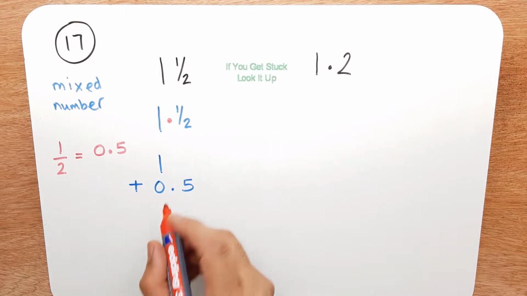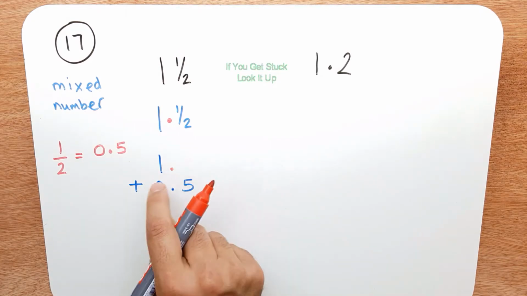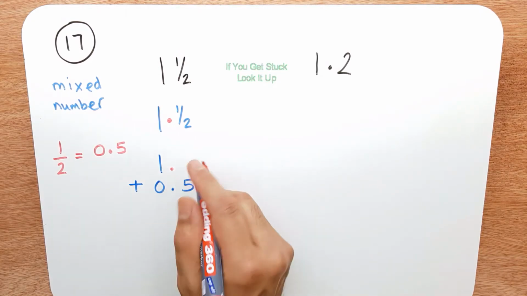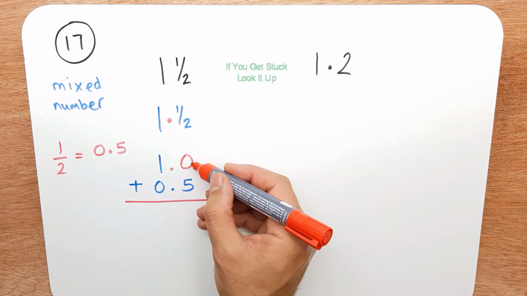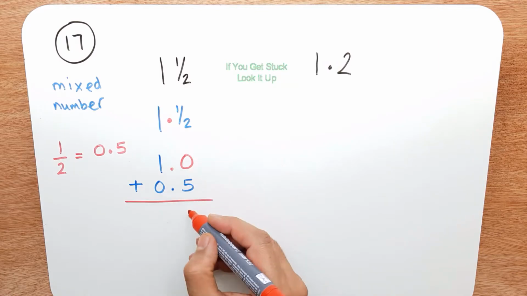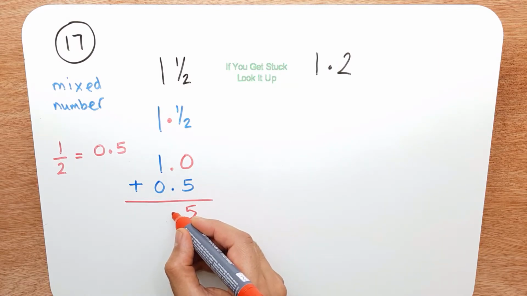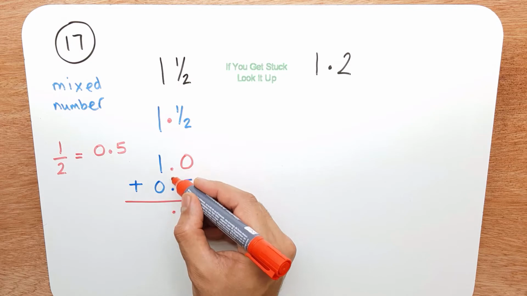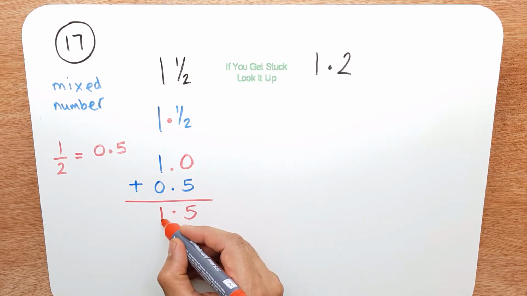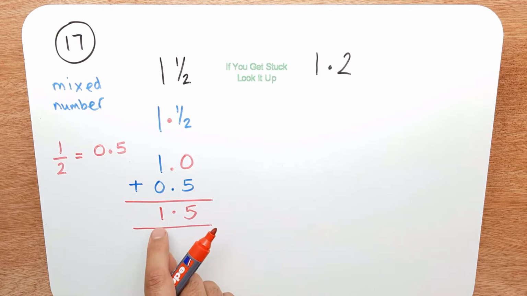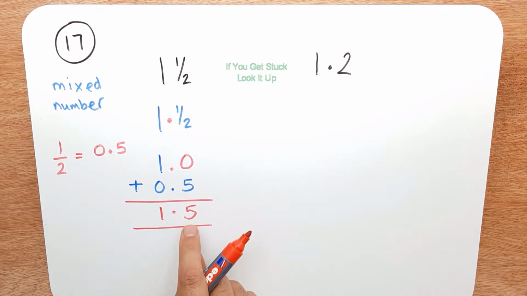So now what I'm going to do is put the decimal point there to the right and add a helper 0. Now if I add the first column, 0 add 5 is 5. Bring the decimal point down very carefully and line it up. And then 1 add 0 is 1. So my answer is 1.5.